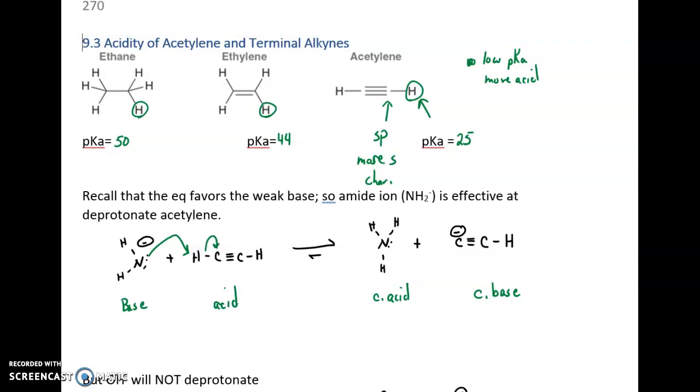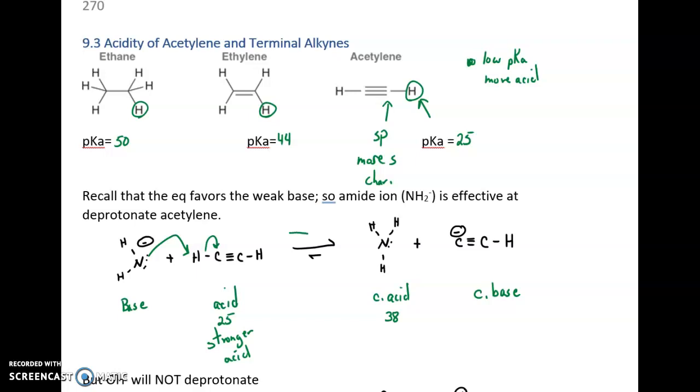Now if we look at the pKa's, we see that the pKa for this is 25, we already said that. The pKa for ammonia is 38. So this is a stronger acid, and it's going to be more successful at getting rid of its proton than is the ammonia.